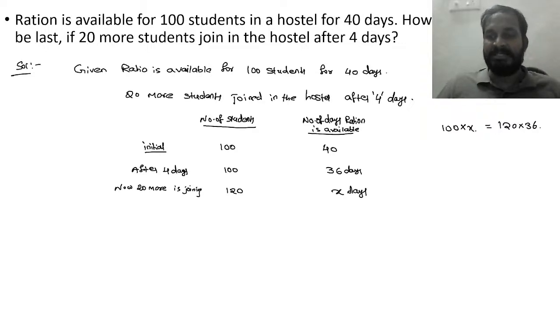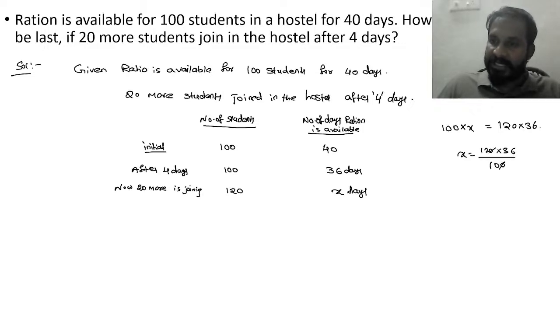X is equal to 120 into 36 by 100. The zeros cancel, and 6 times and 5 times. Usually this is what many students will do. 36 times 12 is 360 plus 72, which becomes 420.